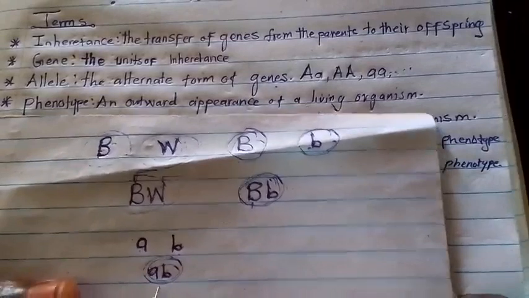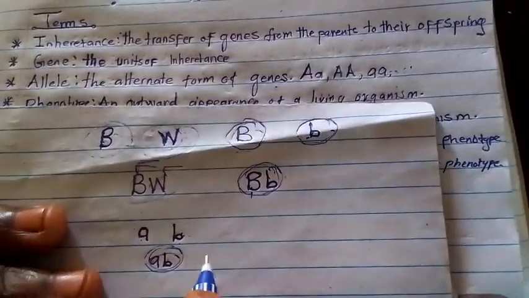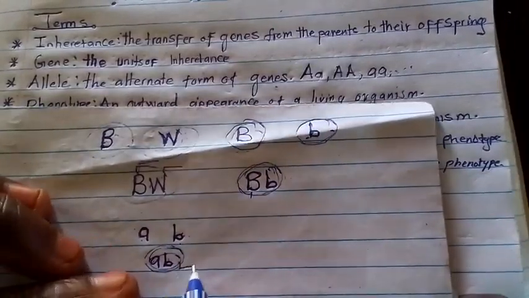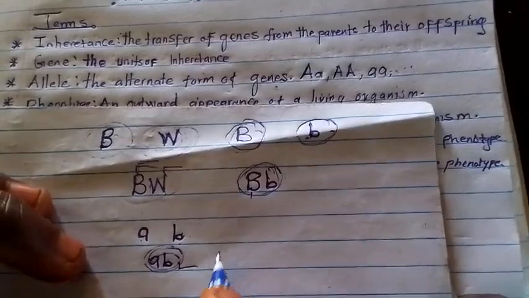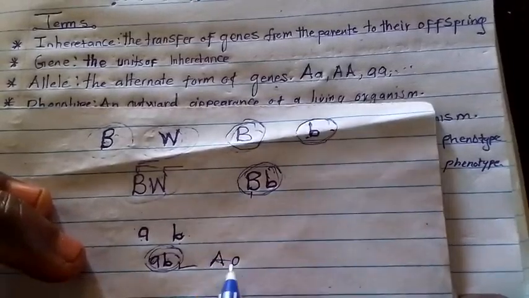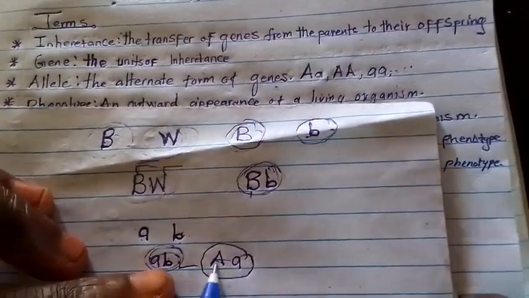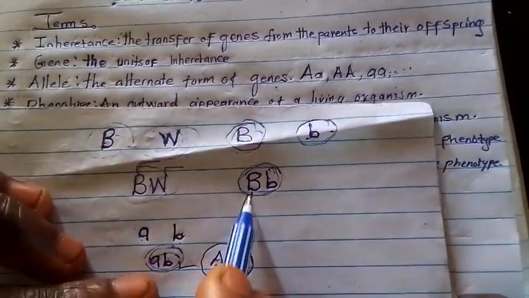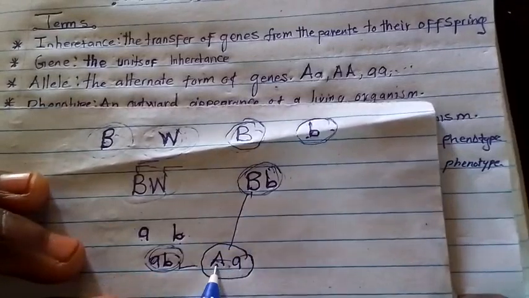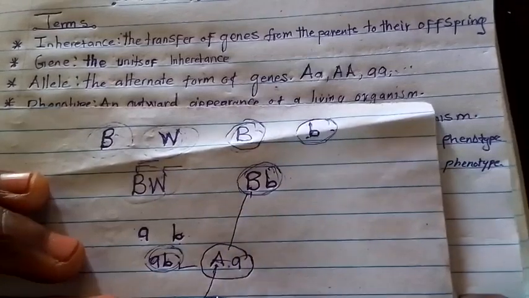So on this part here, you can't have something like capital letter A and small letter a, which means this one is just representing the heterozygous dominant, which is this part here. So in this case here, A is dominant, which is capital letter A, and small letter a is recessive. That's all.